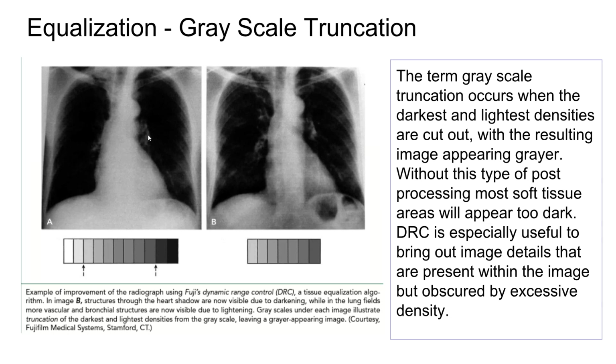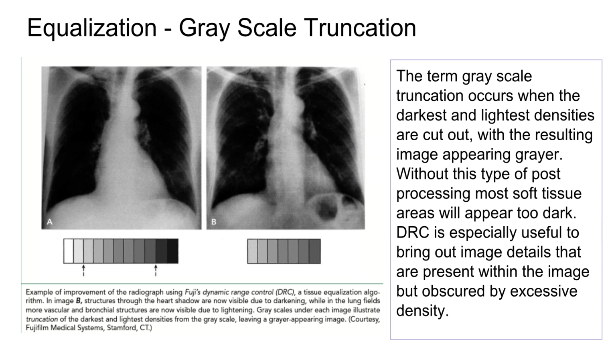You just see a little bit here and a little bit over here, right? So we actually end up bringing out some of the details in the image that if we would have stuck with A and kept these darkest levels, then a lot of the soft tissue just would have been too dark to distinguish from each other.